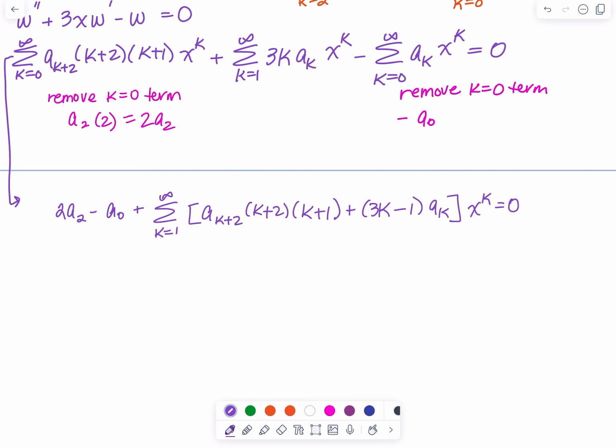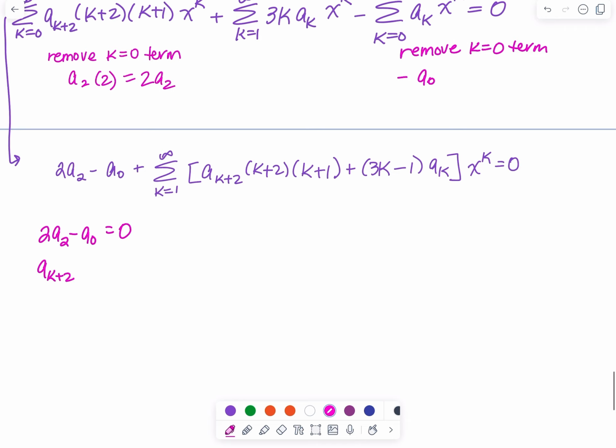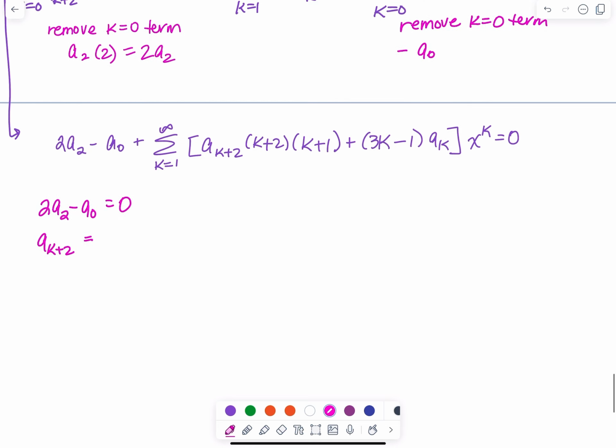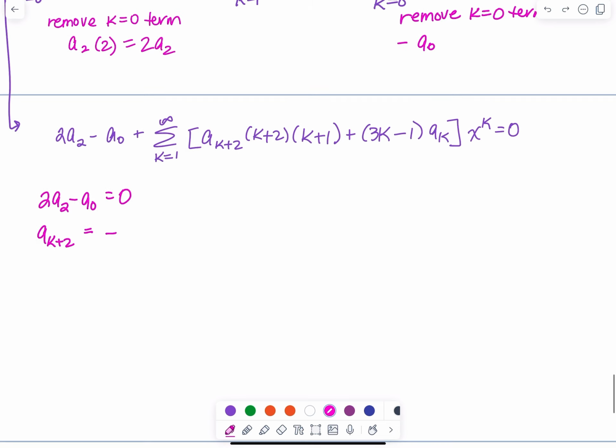We know that 2a sub 2 minus a naught is equal to 0. And also a sub k plus 2 is equal to the opposite, solving for a sub k plus 2 here. If you look at that, we will have the opposite of 3k minus 1 divided by k plus 2, k plus 1, all multiplied by a sub k. And of course, k has to be greater than or equal to 1.